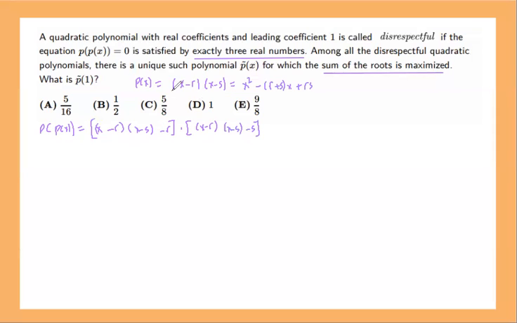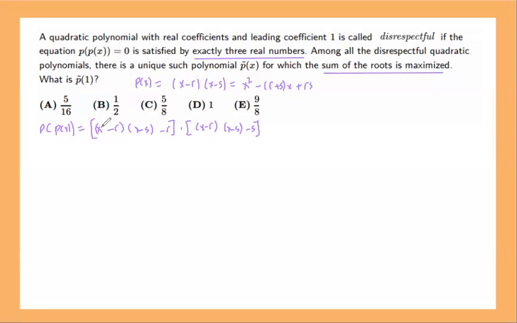I replaced X with P of X to get P of P of X. Now we are told this polynomial is called disrespectful if it has exactly 3 real solutions.